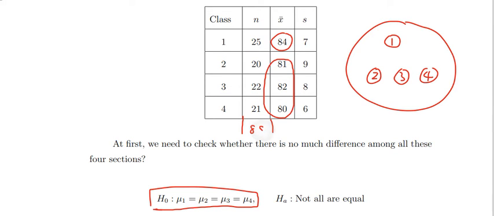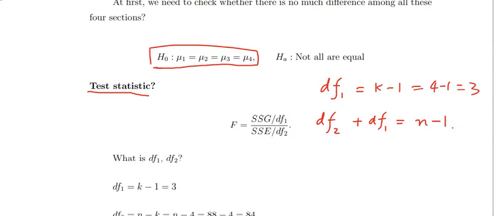We find we have 88 students, right? So here n is 88. We just put 4 classes together as 1 class, 88. So the total degree of freedom is 88 minus 1, 87.